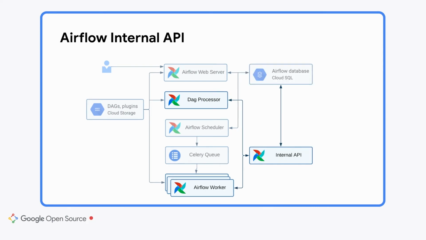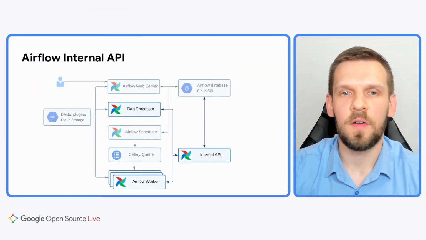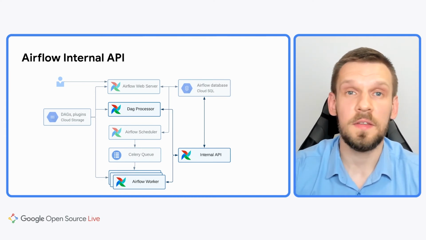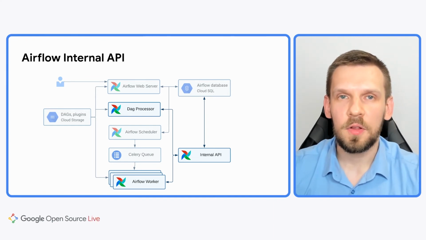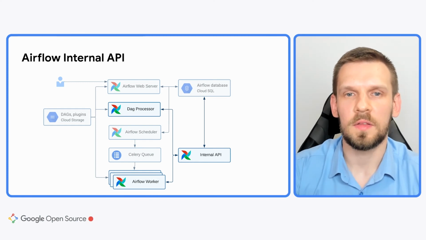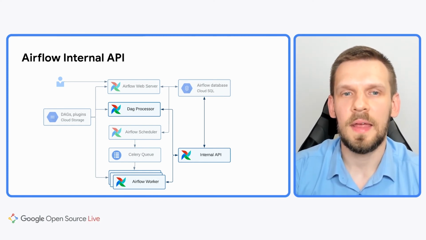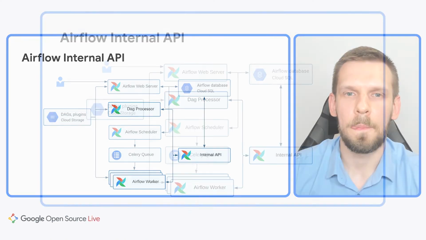The idea for this AIP is to introduce a new component called internal API. It exposes a limited number of operations that can be executed on the database. And this is a fully trusted component running only Airflow community code. DAG processor or worker can no longer connect to the database directly, but they can only make calls to this internal API.